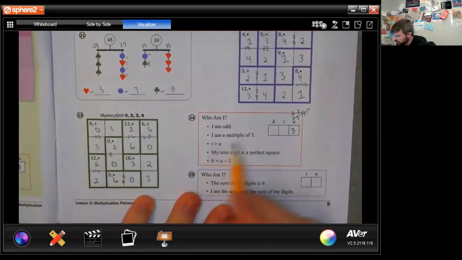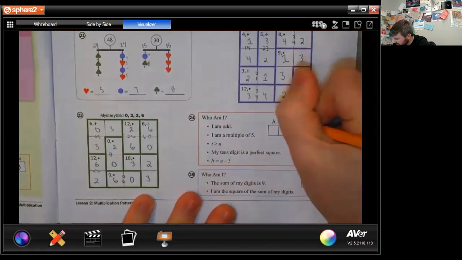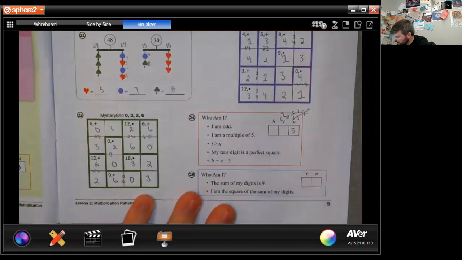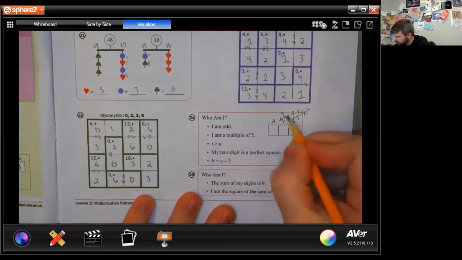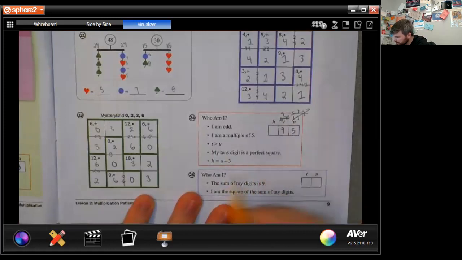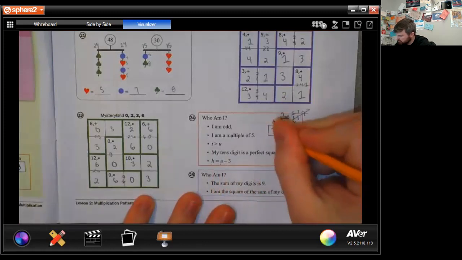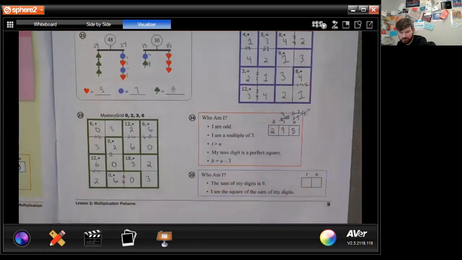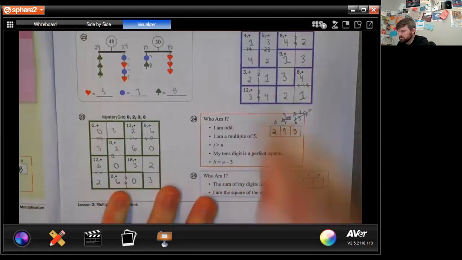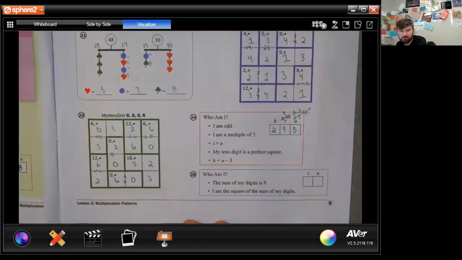T is bigger than U, so this is 6, 7, 8, 9. My tens digit is a perfect square. Well, the only perfect square here is 9. H equals U minus 3. So U minus 3 is 2, so 295. I think that was actually easier than number 16 that we started with.